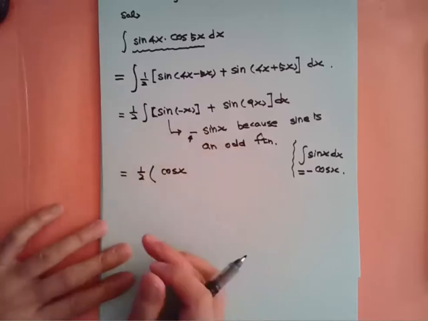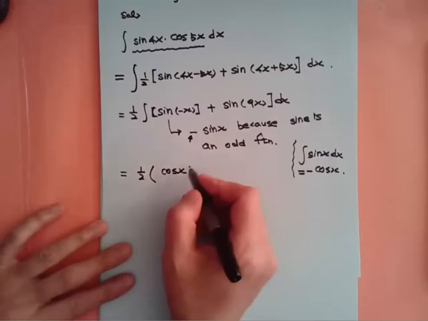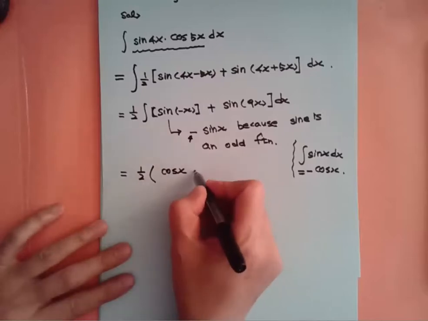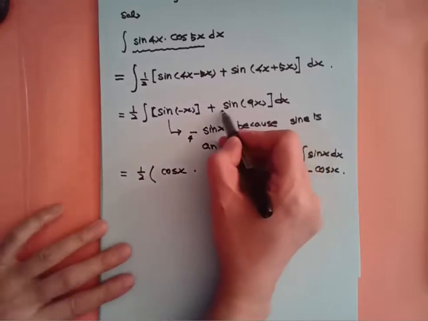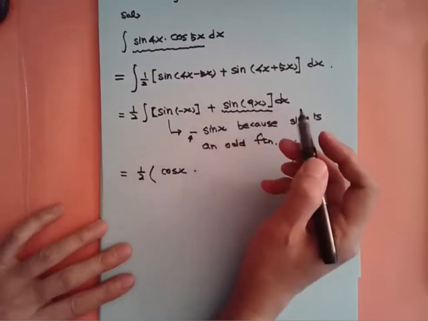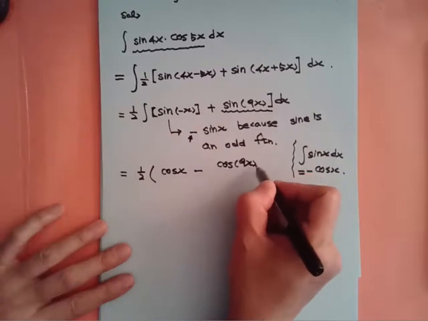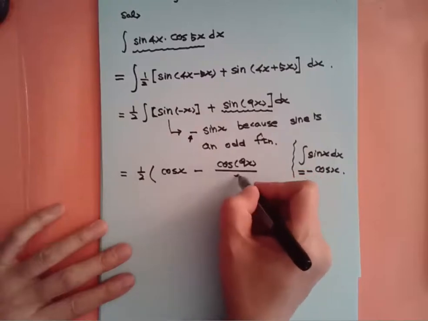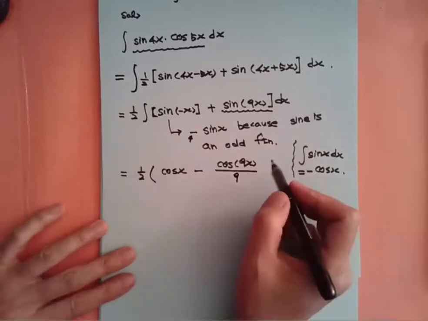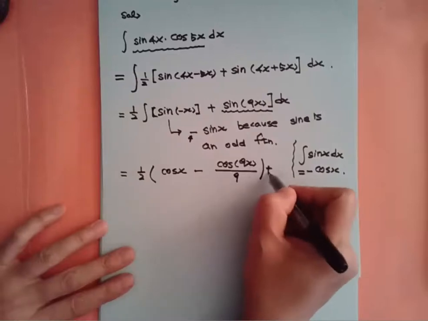Negative will make plus. And then this one will be minus cosine of 9x, but we have to divide by the number in front of x, plus c.